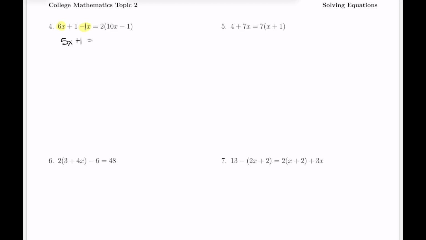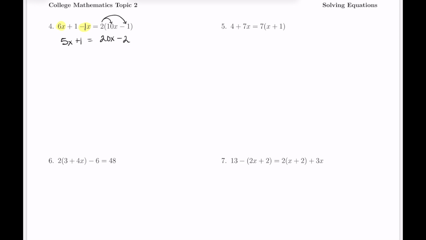On the other side, the first thing that I'll do is something that many of you probably know, and that's to use the distributive property. I'm going to distribute this 2 to each of the terms inside the parentheses. To distribute means we're going to multiply them. I have 2 times 10x. That will be 20x. And I have 2 times -1 will get us -2.